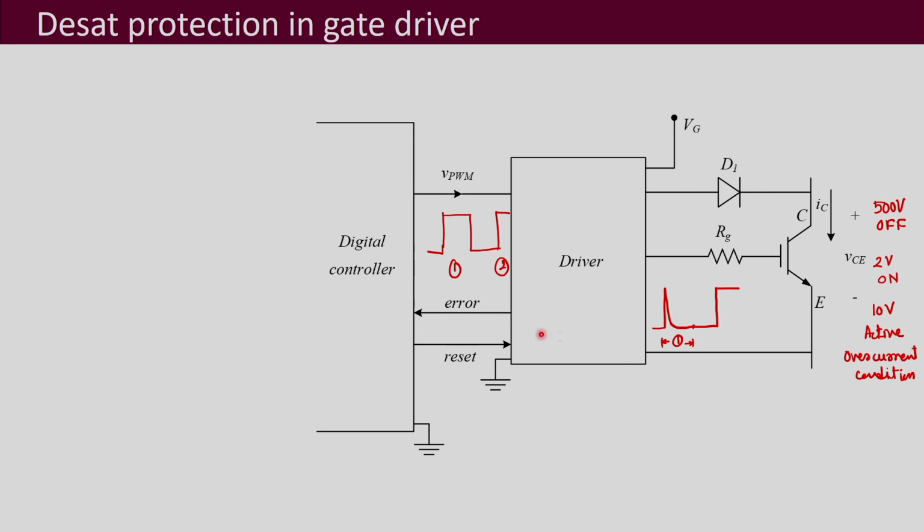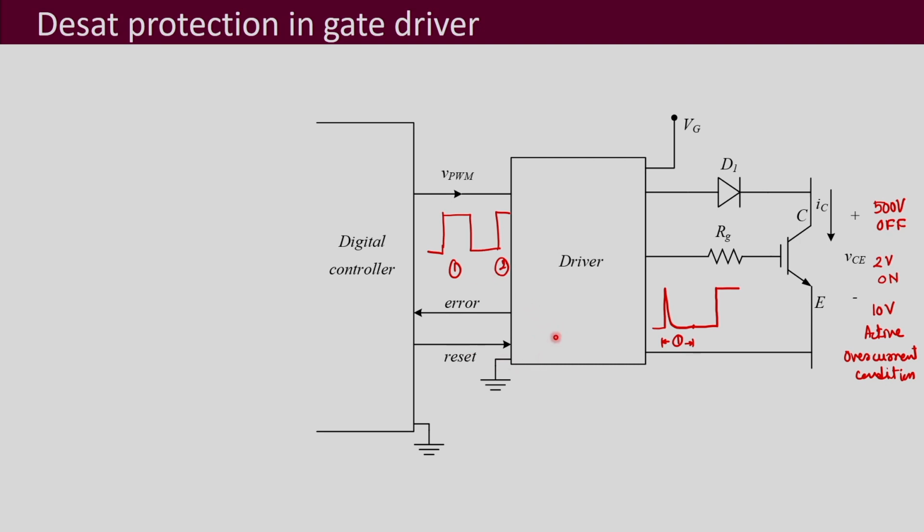And after it has switched off, it sends the error signal to the controller, and then the controller knows that this device has been switched off by the driver. After that, if the controller decides to reset it, that means clear the fault, it can send the reset command to the driver.